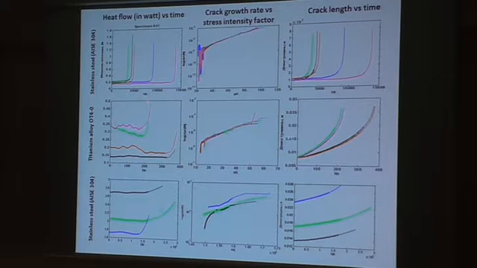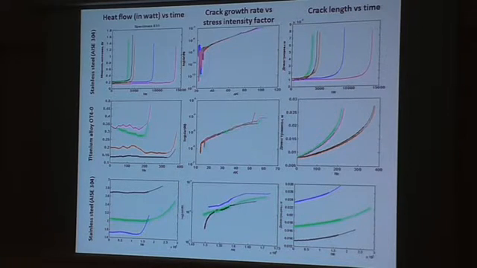The results are qualitatively the same in different universities with different materials, and we can observe, in experiments with constant stress amplitude, two steps of heat dissipation. We have practically constant heat dissipation during crack propagation, and after that we have a rise of heat dissipation.